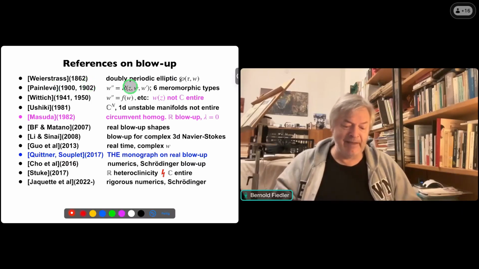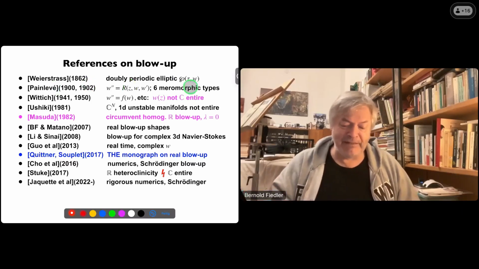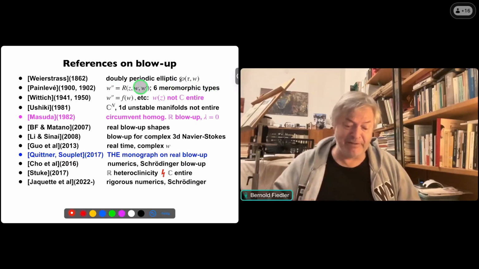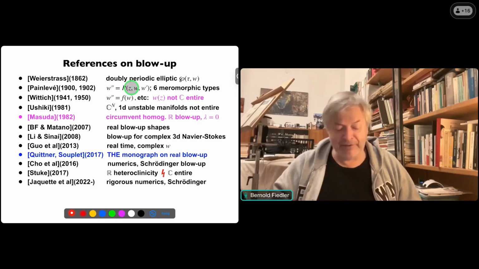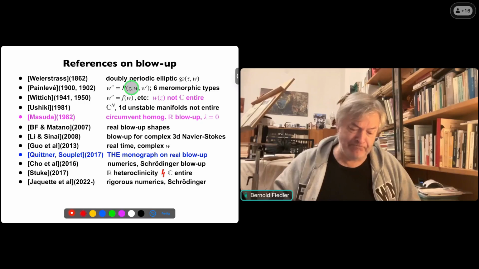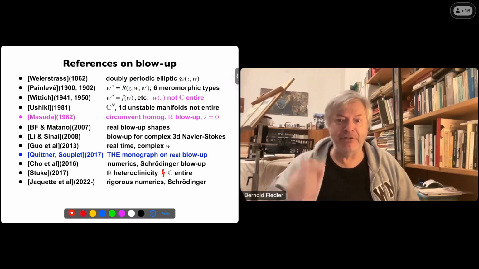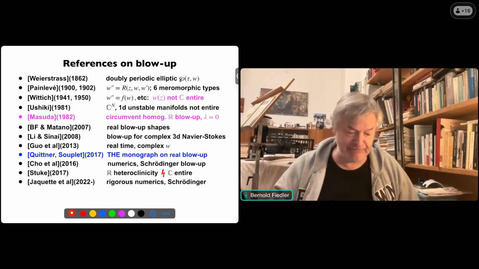Then there's the Painlevé hierarchy of 6 meromorphic types, second order equations, depending on time, which I denote z here, which have non-movable poles, so poles in positions which do not depend on the initial condition.